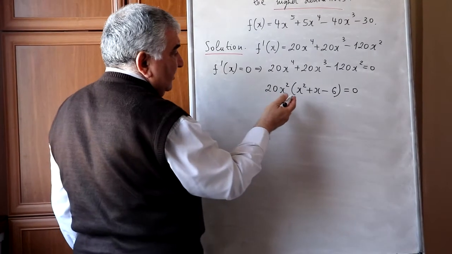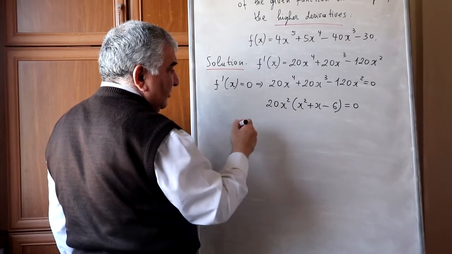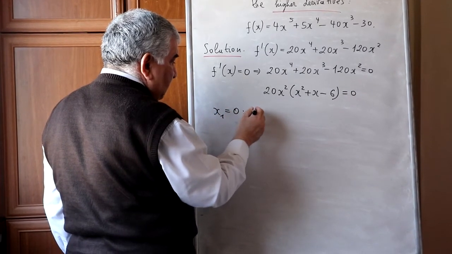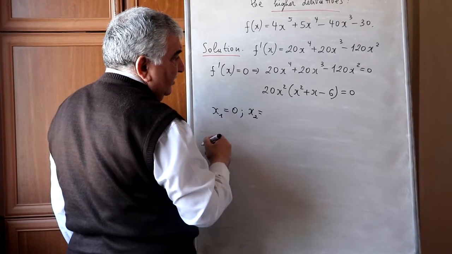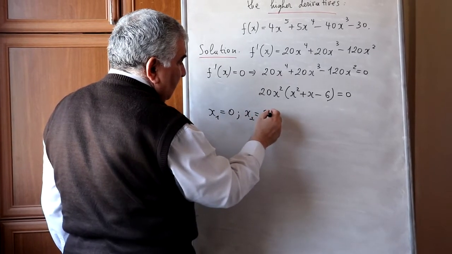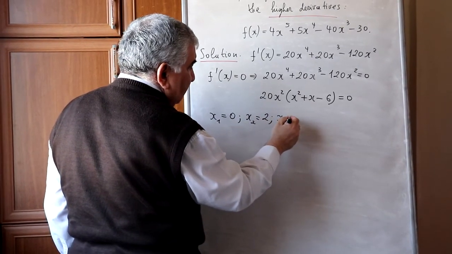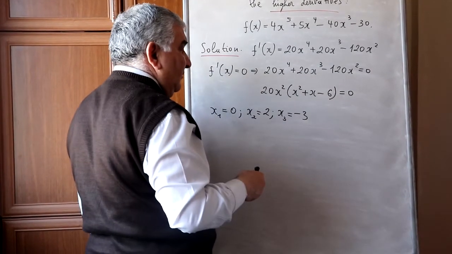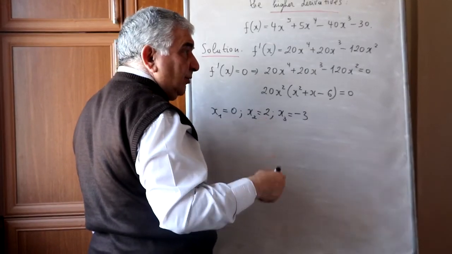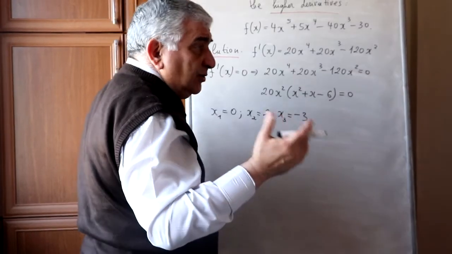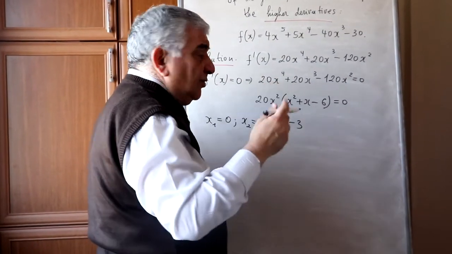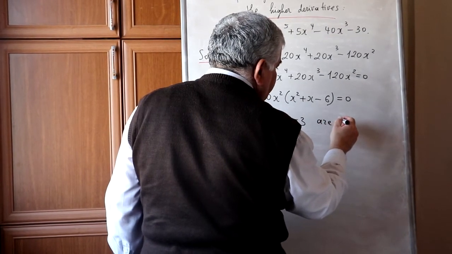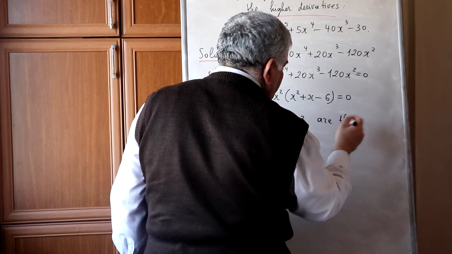First root is 0, second root is 2, and third root is minus 3. These values are the critical points.